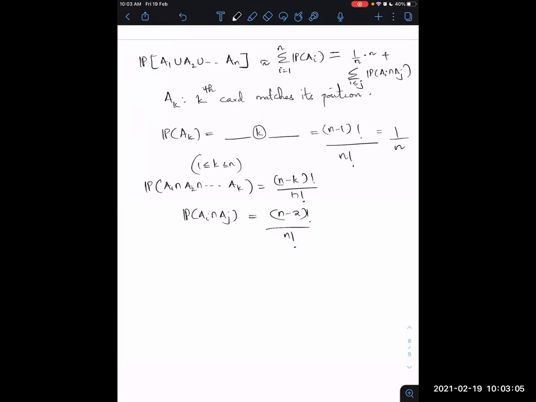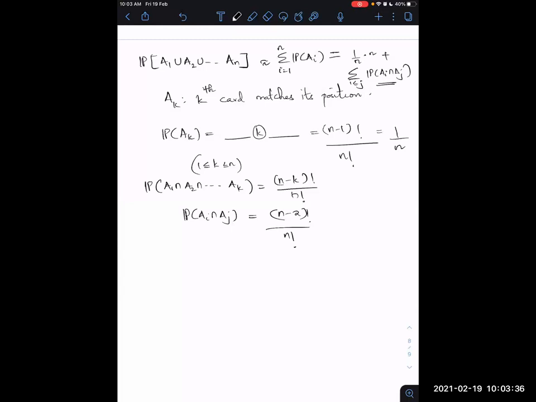So can someone tell me the number of terms in this sum? You can't have repetitions. So i is strictly less than j. So this is the number of pairs that can happen. And that would exactly be n choose 2. Is that clear for everyone? So the number of terms in the summation of A_i intersection A_j would be n choose 2.